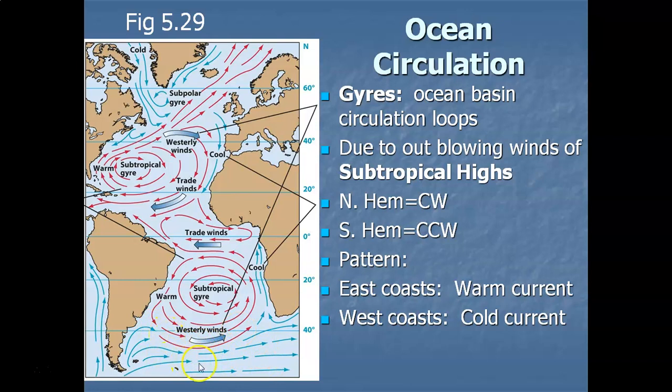And again, what you're going to wind up doing is taking these cold Antarctic waters in the circulation of the gyre, and creating a cold offshore current on the west side of Africa. So we're always going to wind up with cold ocean currents on all west coasts of continents and warm ocean currents on all east coasts of continents.